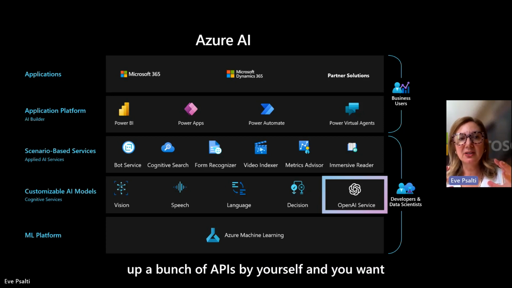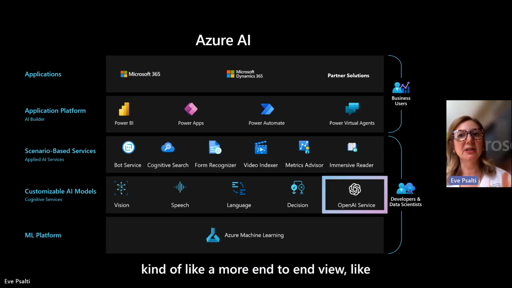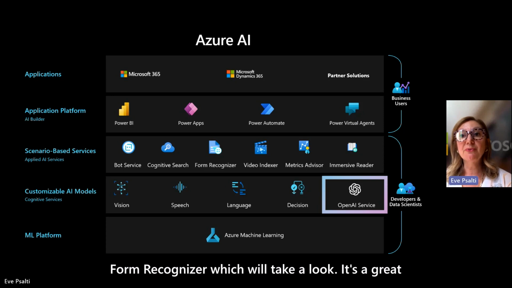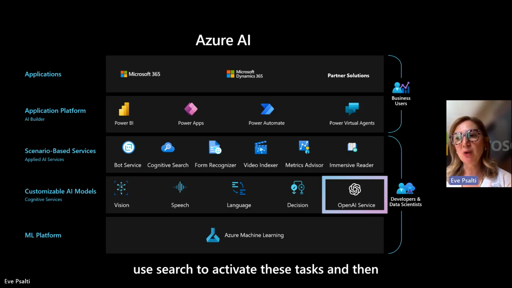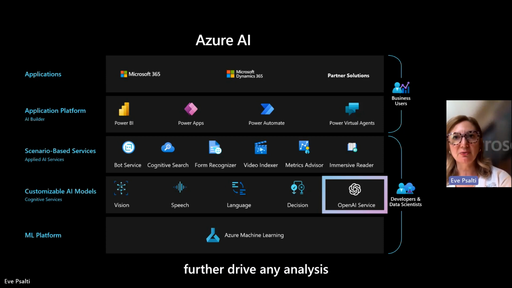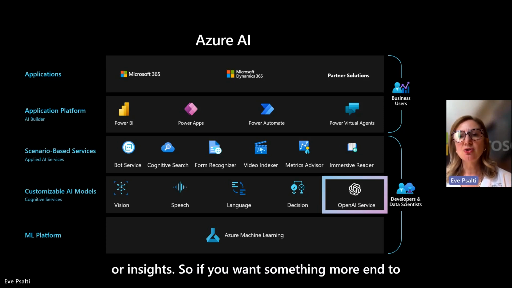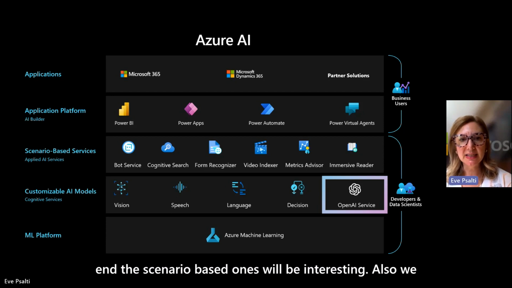So if you don't want to stitch up a bunch of APIs by yourself and you want a more end-to-end view, like Form Recognizer, it's a great way to analyze your documents, extract the relevant entities, use search to activate these tasks, and then further drive any analysis or insights. So if you want something more end-to-end, the scenario-based ones will be interesting.